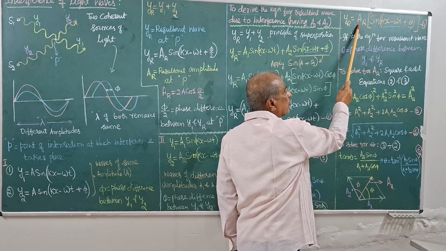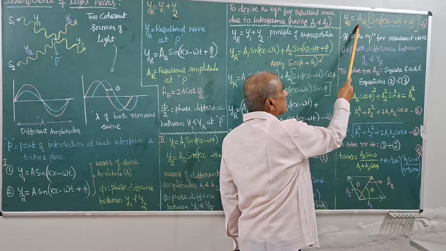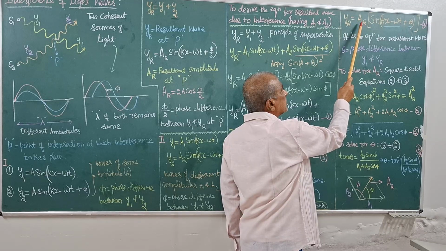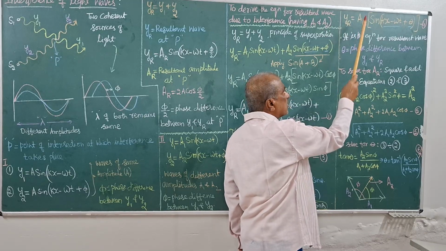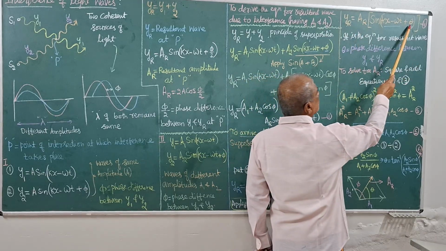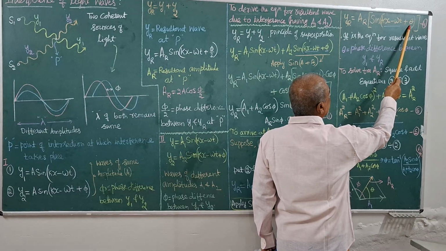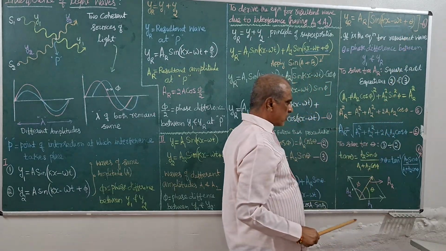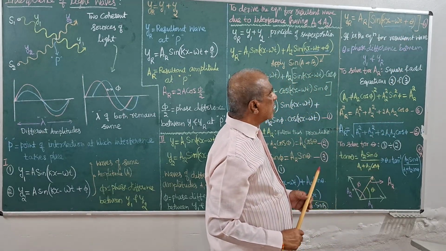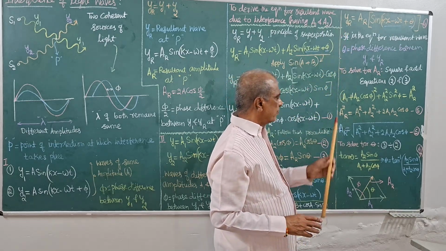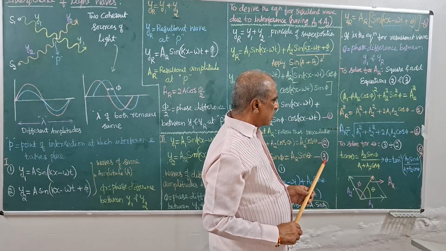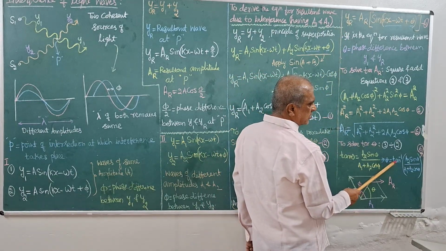What is AR? This is the resultant wave equation due to interference. AR is the resultant amplitude. Theta is the phase difference between Y1 and YR, that is the resultant wave. And theta is given in the form of phi.